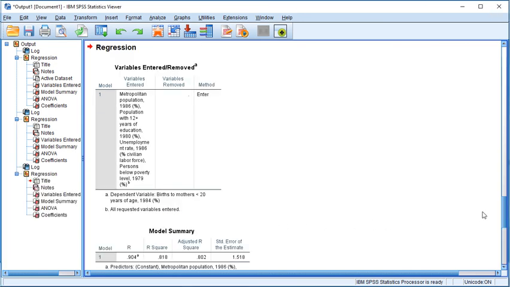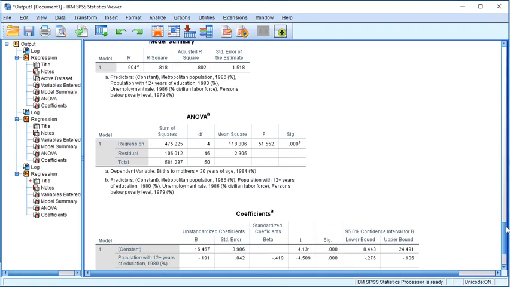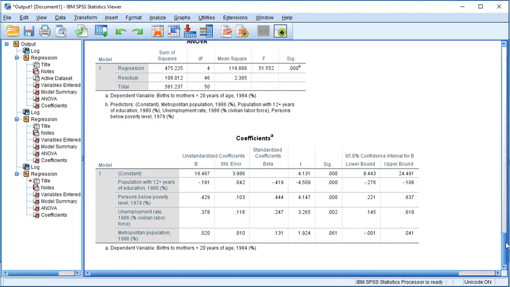Notice the output will be the same until we get down to the regression coefficients themselves. And now what we see here, the two columns to the far right of the coefficients box, that output is the confidence interval. So the confidence interval for education with 12 plus years, or the educational attainment variable, would have the lower limit of minus 0.276 and the upper limit of minus 0.106.